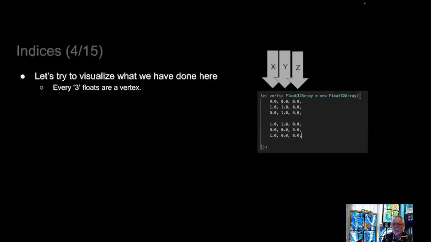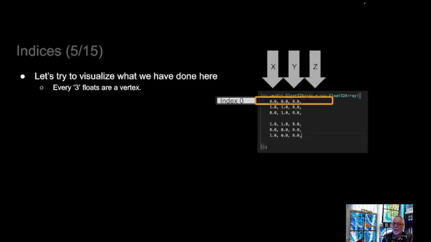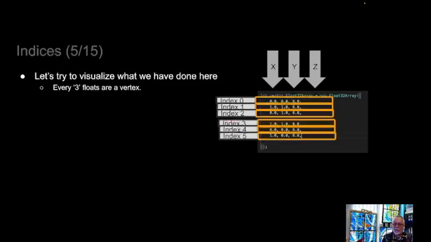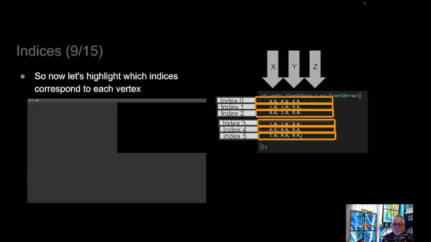There's my X, there's my Y, there's my Z. There's my first, there's my second, there's my third. So basically I have 6 vertices, and I can think of these as indexes. I can index into this array because I have 18 floating point numbers, but I can partition it into 6 sets of vertices.